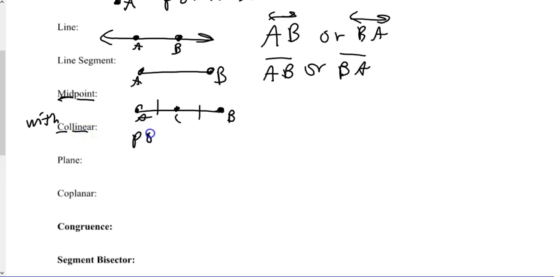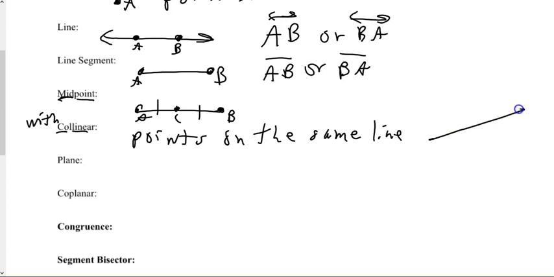So it's just points on the same line, or line segment or whatever. So for example, A and B are collinear. C is not. C is not on that line.